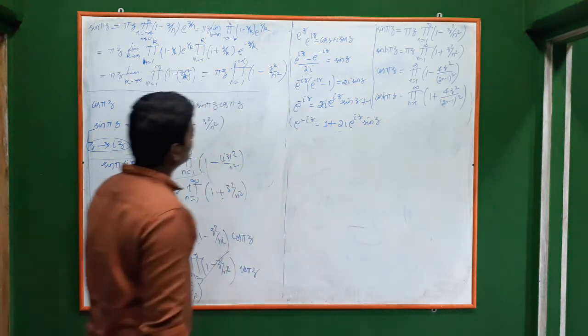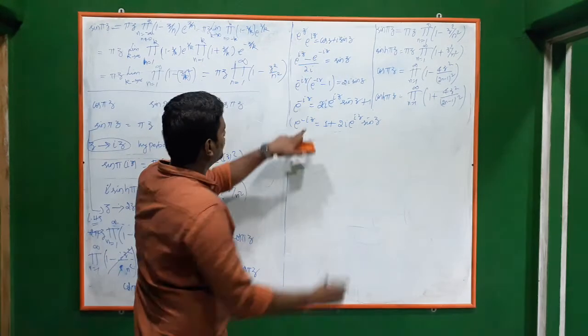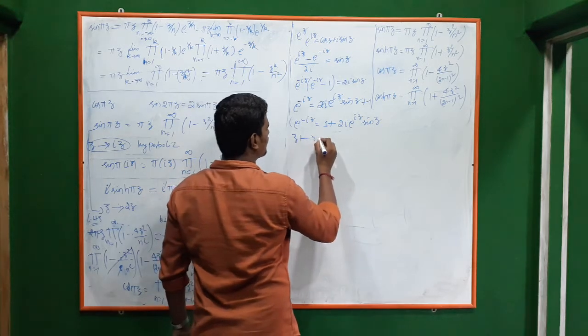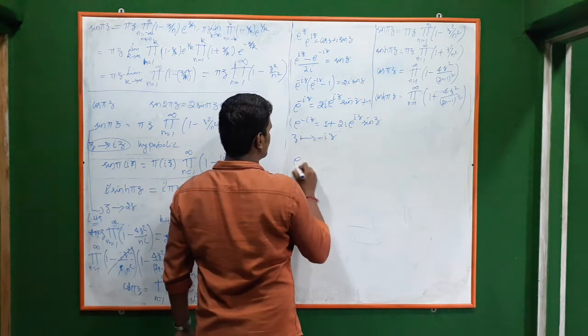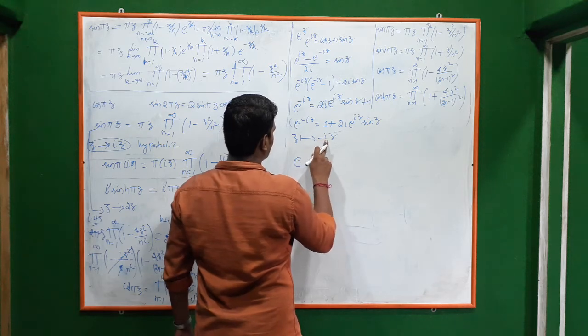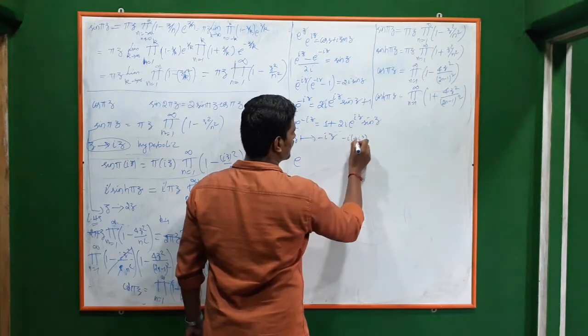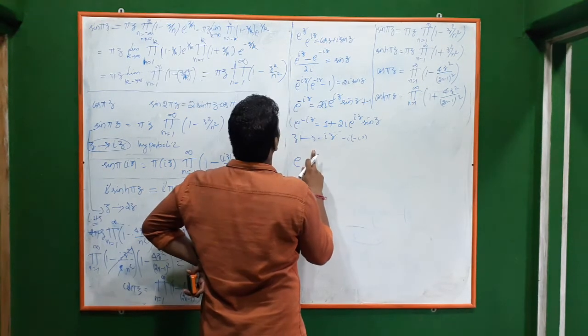Okay, this we have. In this we need e power z, correct? So e power z means z should be replaced by minus i z. Sorry, something is missing here.